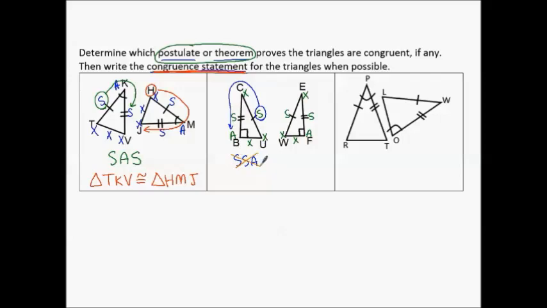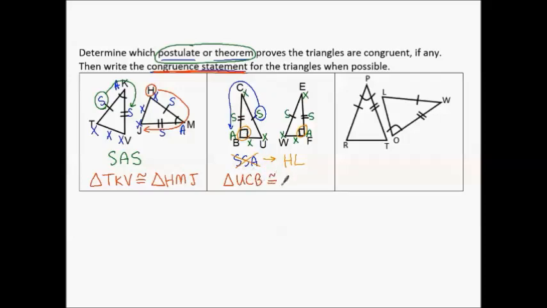When we have SSA, we want to ask ourselves, do we have right angles? And yes, we do. So if it's a right angle situation, that means we're using hypotenuse leg. Now we can write a congruent statement. So let's take a look at the first triangle and see the letters. We could say triangle UCB.